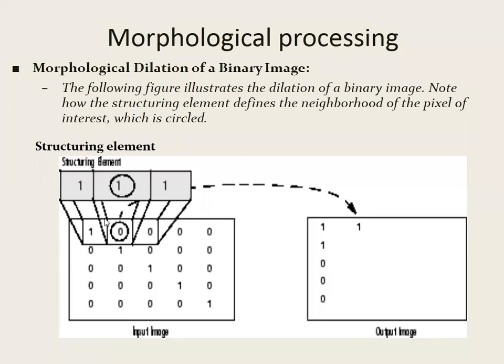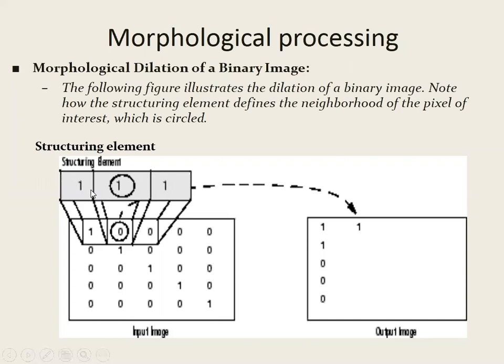So since at least there is one which is matching with the input image, it has to be preserved as it is. But if you consider the next one, 0, and put the structuring element 1, 1, 1 with the central pixel on the second one, which is aligned to the pixels that we are considering. So the original input image is 1, 0, 0, but the structuring element is 1, 1, 1.